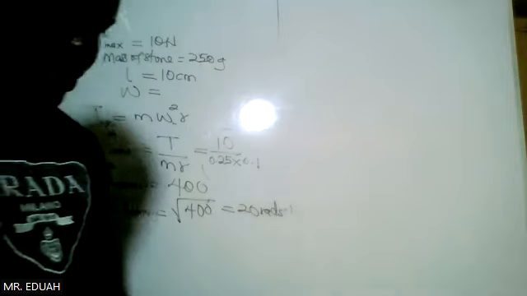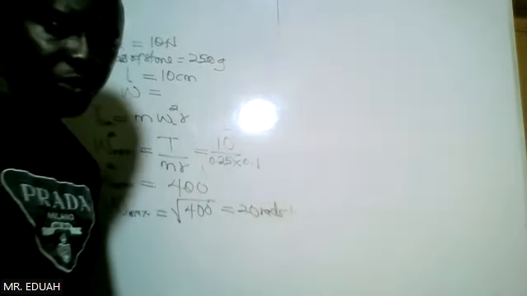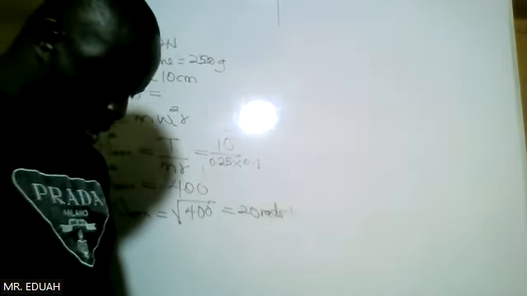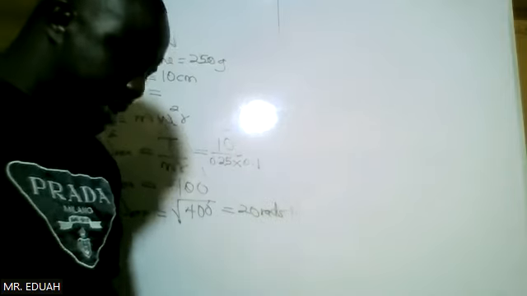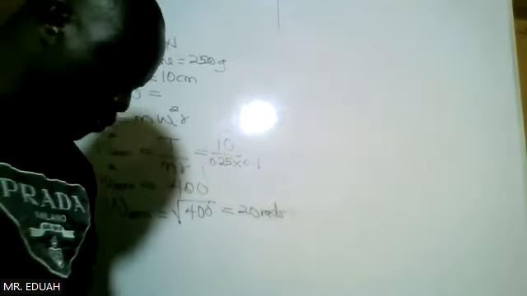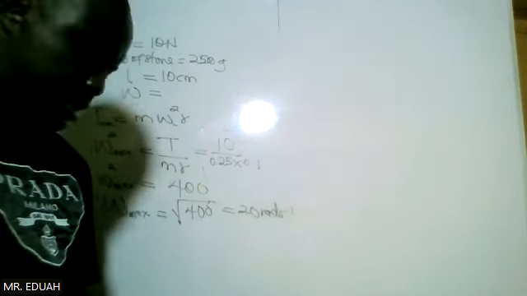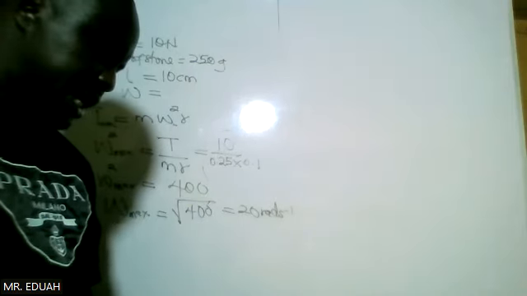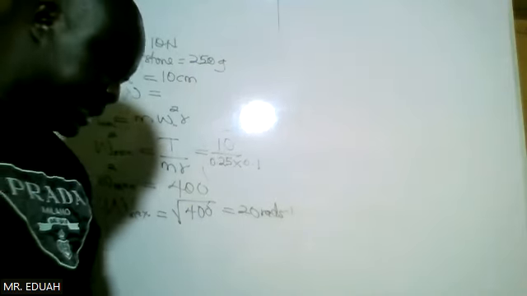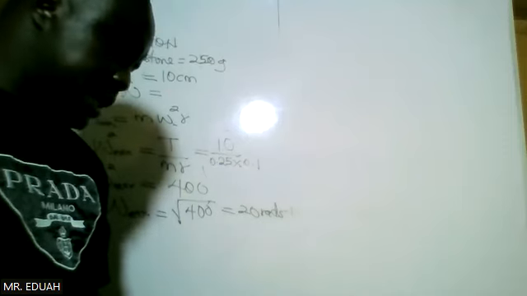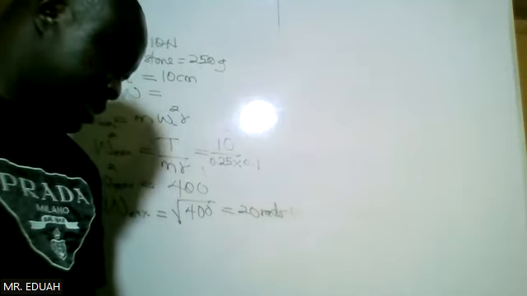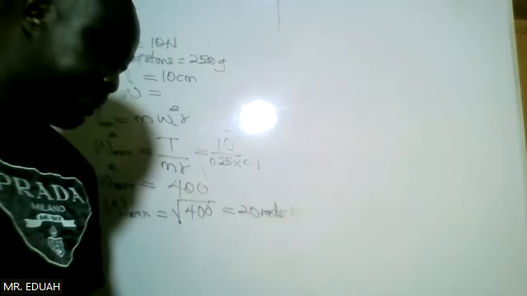I want you to try question 52, all of you. A 500 kilogram car takes a round turn of radius 50 meter with a velocity of 36 kilometers per hour.